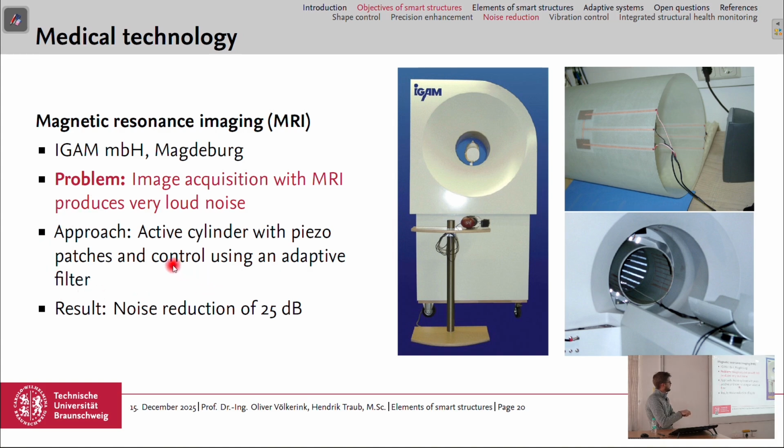The idea was to have an active cylinder, also with piezo patches and a control and adaptive filtering, which was then placed here. And with this, the noise could be reduced by 25 decibels to increase the comfort of the patient and so that he won't move during imaging.